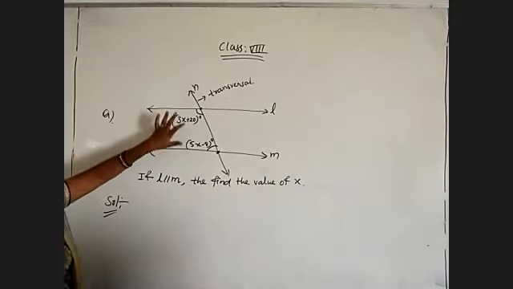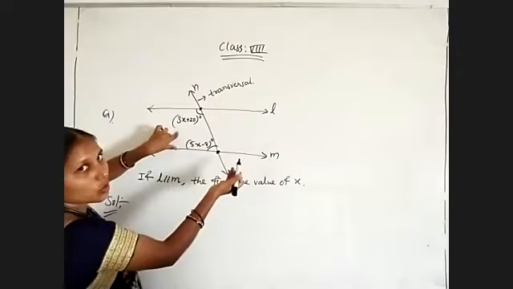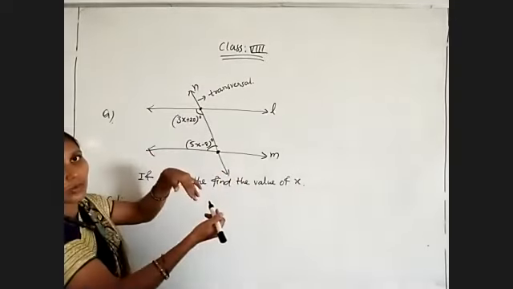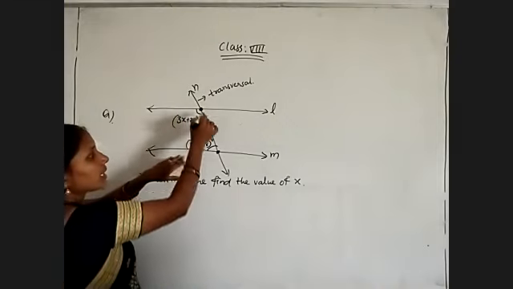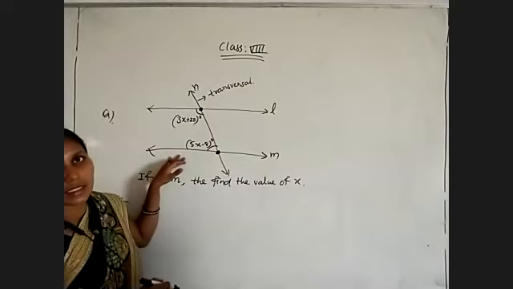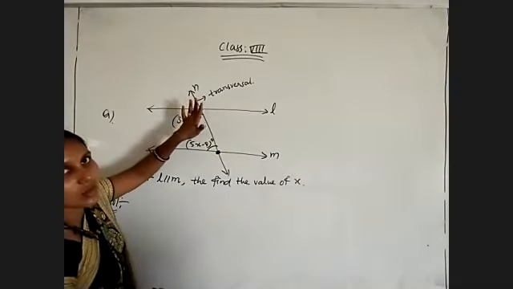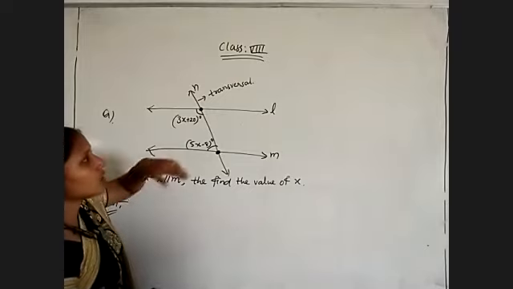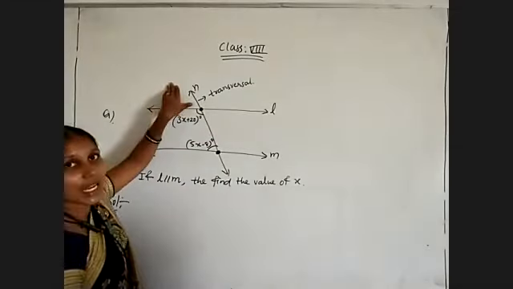A line which meets two or more than two lines at different points, such a line is known as a transversal. So when the parallel lines and transversal concept comes, we have several rules.